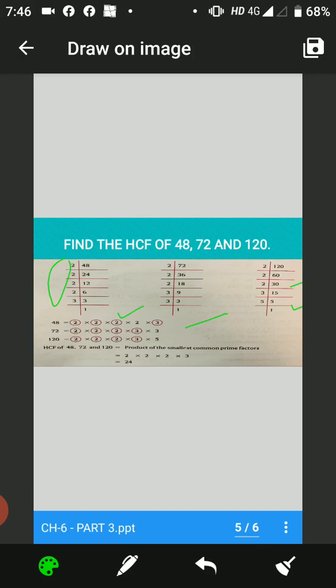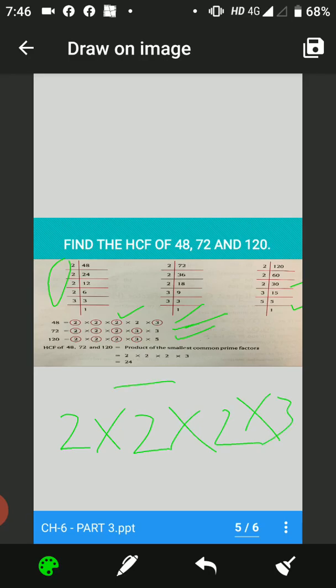Then we will take 3 because all of them have it. So 3 will come. Clear? Then we multiply all these numbers and you get 24. 2 2s are 4. 4 2s are 8. 8 3s are 24. So here comes 24. Clear?